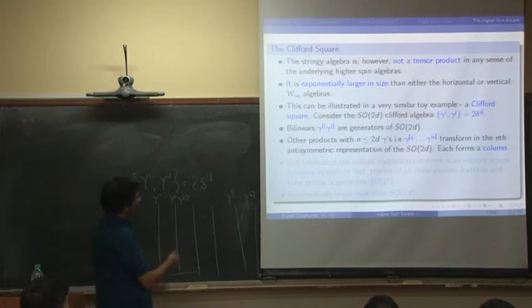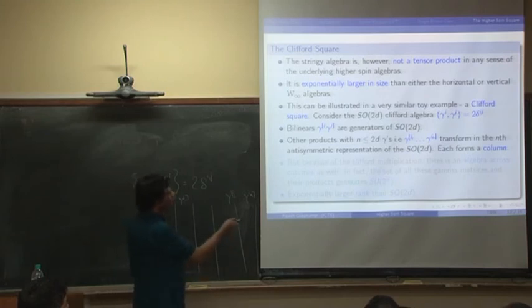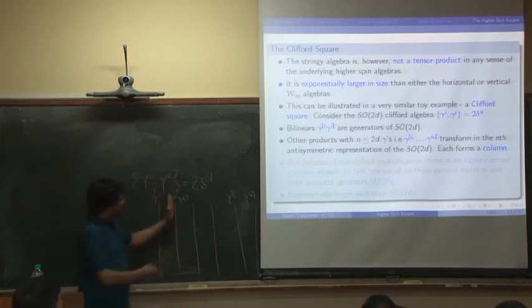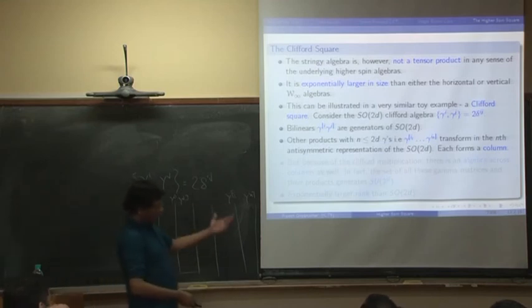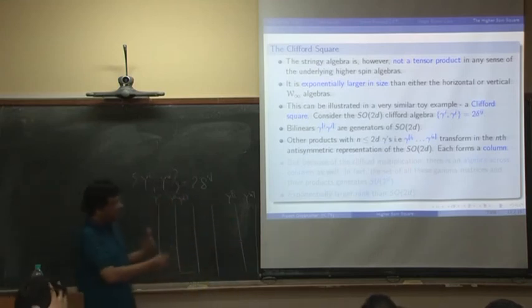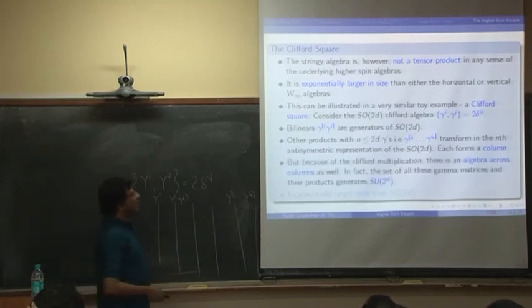So you have columns like these. So that's fine. Because these are in the antisymmetric representation of SO(2D), you know the commutators of this with these generators. It must transform with the structure constants of SO(2D) in the antisymmetric representation.